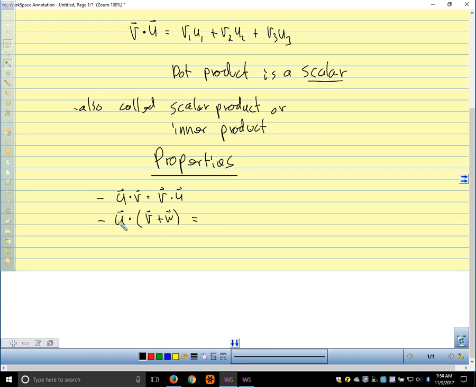We could add these together and do the dot product, or we could do U dot V plus U dot W. So dot product is distributive. Scalar multiplication: if we multiply the dot product by a scalar, that is equivalent to multiplying either of the vectors by the scalar and then doing the dot product. And C here is a scalar.